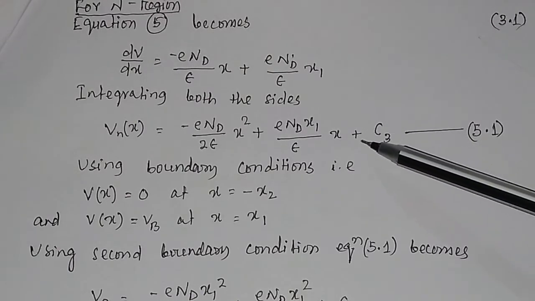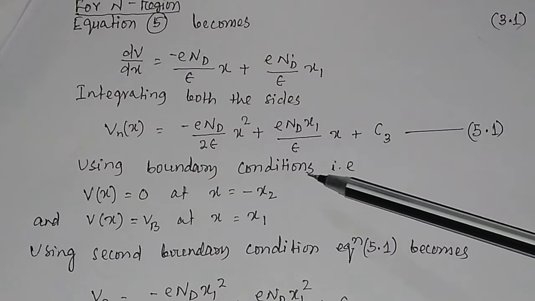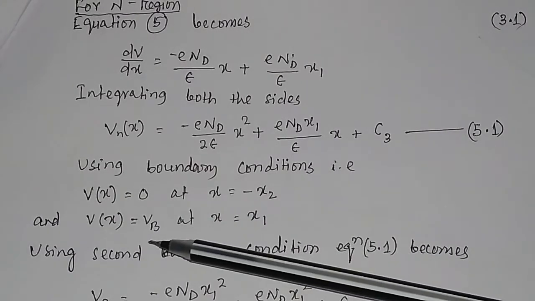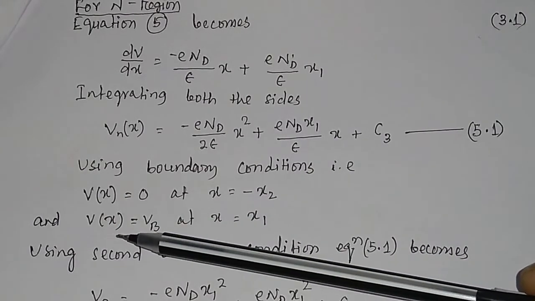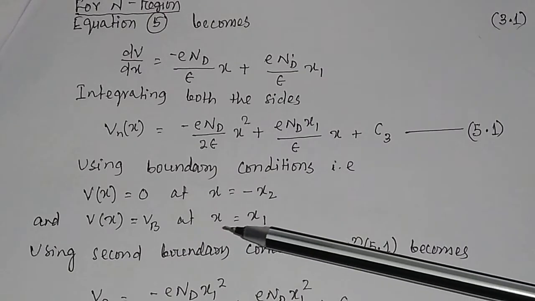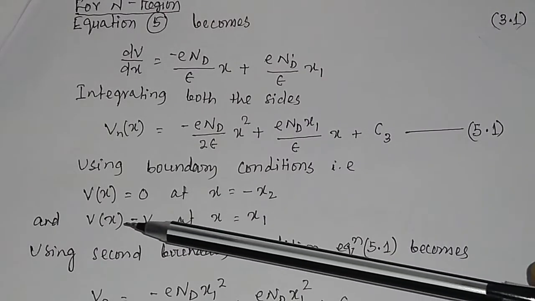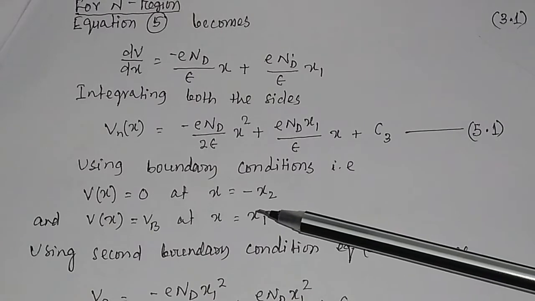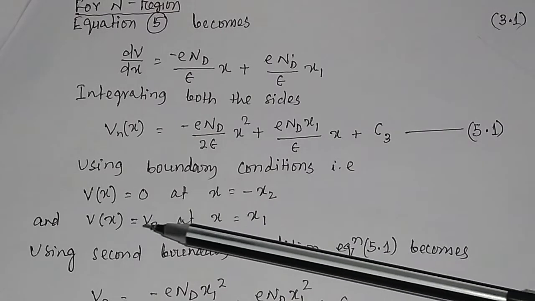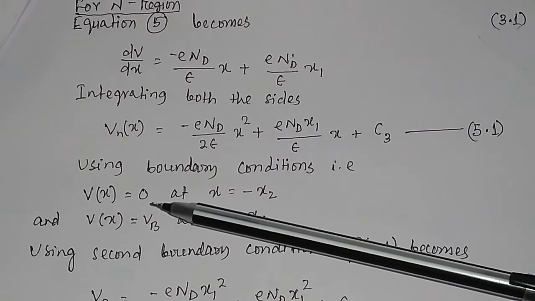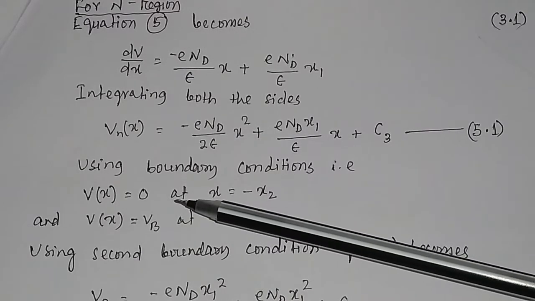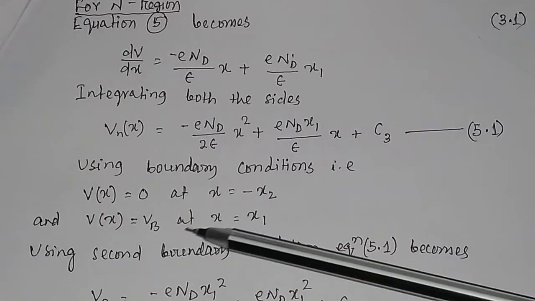Using the boundary condition, Vx is equal to Vb at x equal to x1, you have to use this boundary condition. I have taken here two boundary conditions. One boundary condition is for the p side, and this is for the n side.